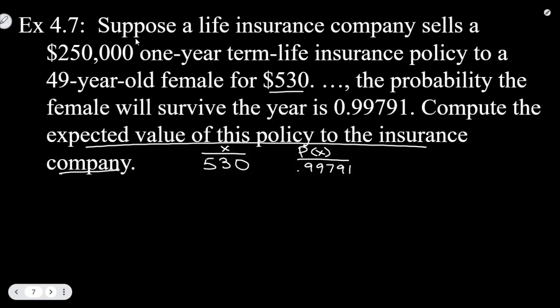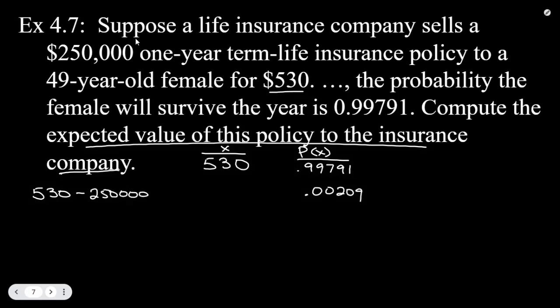Now, if the lady does not survive, that probability will be the rest of this. So let me subtract this on a calculator. 1 minus 0.99791. And that will give us 0.00209. So that will make our probabilities add up to be 1. Now, in this case, the person still pays in the $530, but then the company has to pay out $250,000.